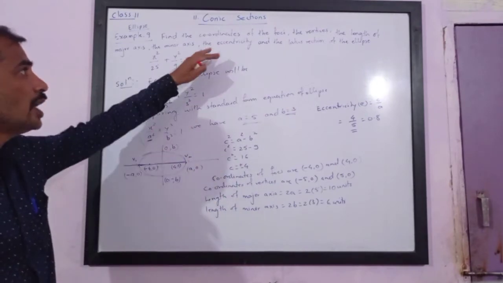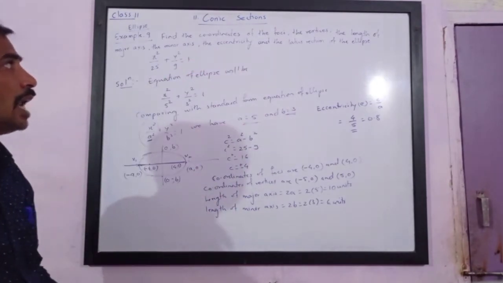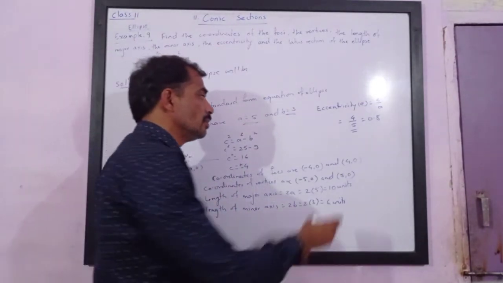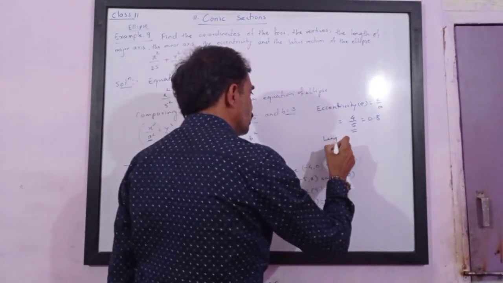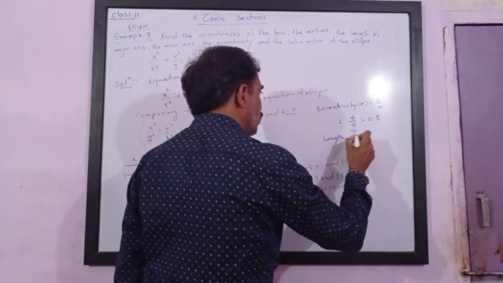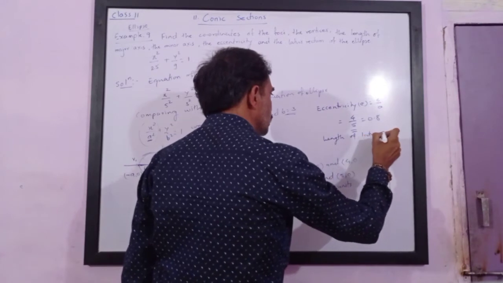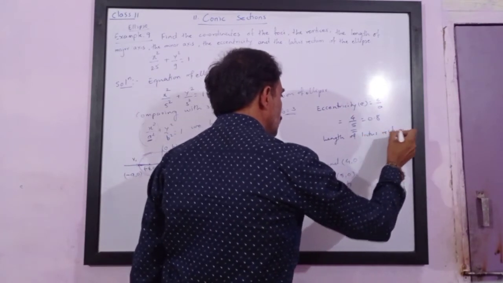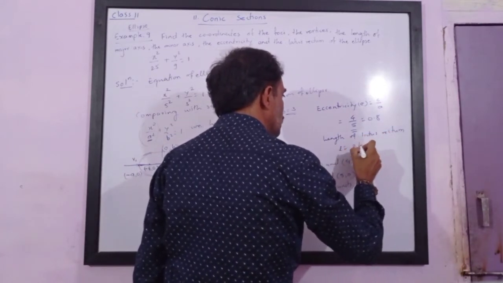Then we are asked to find the length of the latus rectum. The length of latus rectum L is equal to twice b square upon a.